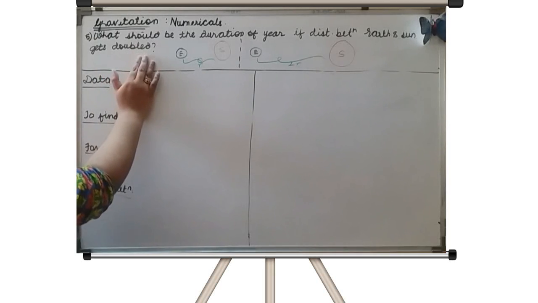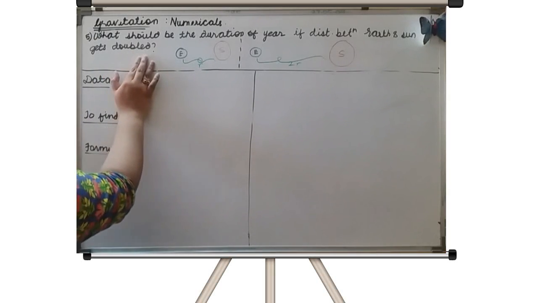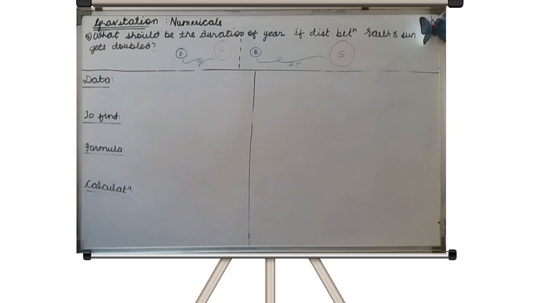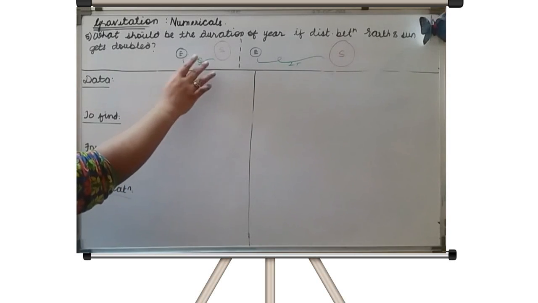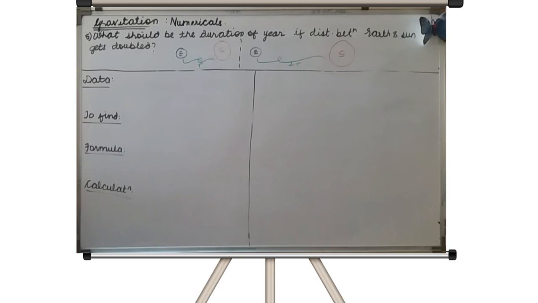What should be the duration of the year if the distance between Earth and Sun gets doubled? Suppose first the distance between Earth and Sun was small r. What if the distance is doubled? When the distance is r, the duration of the year is 365 days. But when the distance is doubled, it wouldn't be double of 365. Let us write down what is given to us.